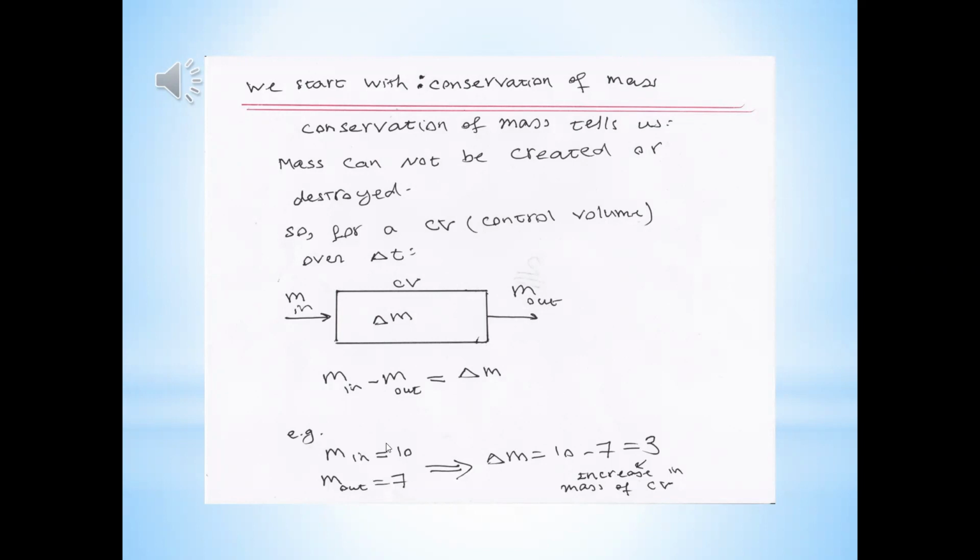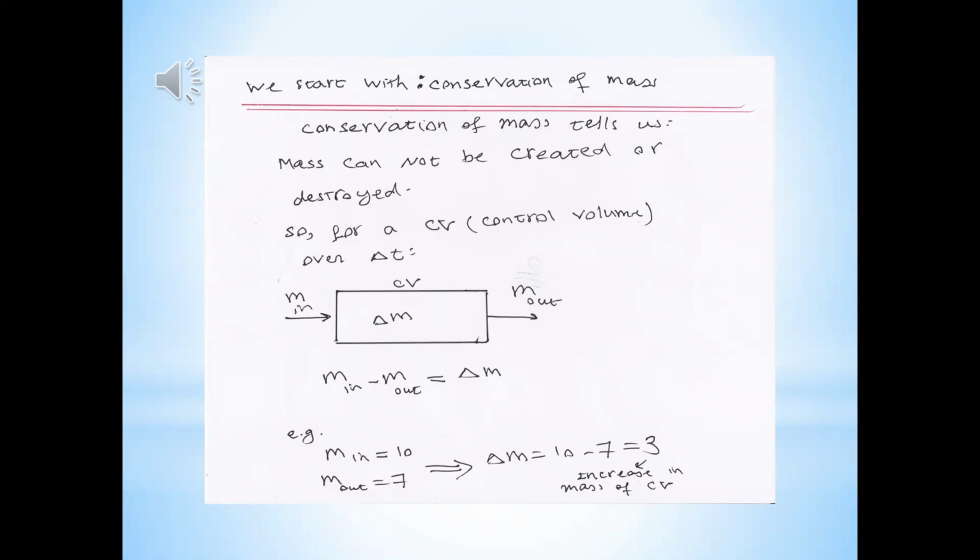When the system is open, this is your system. Think of it like a black box. It can be anything, like a mixing chamber or a section of pipe. There is inflow of mass into the system and outflow of mass out of the system.